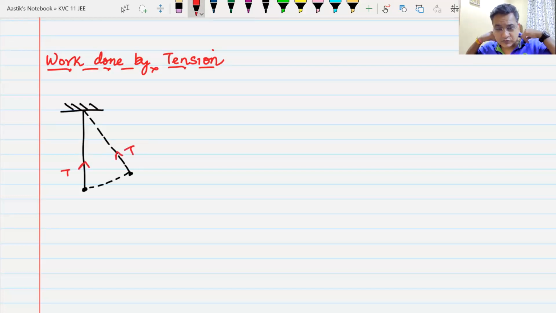And you swing a body like this. What is the work done by tension? What is the work done by tension on this block? Yes.